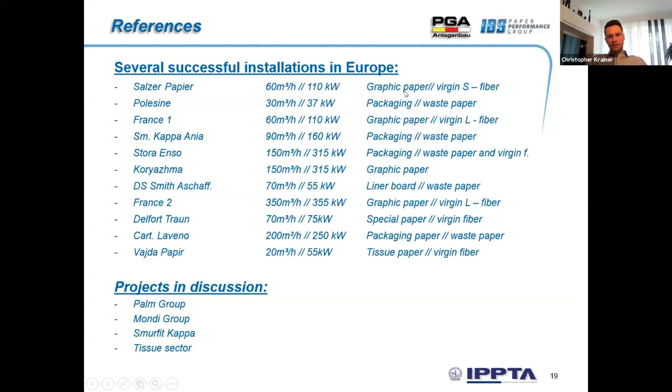And we are placed in graphic paper, packaging paper, liner board, also in tissue, special paper, and many projects are in discussion. Palm Group, Mondi Group, Smurfit Kappa, and now we are also in the tissue sector.